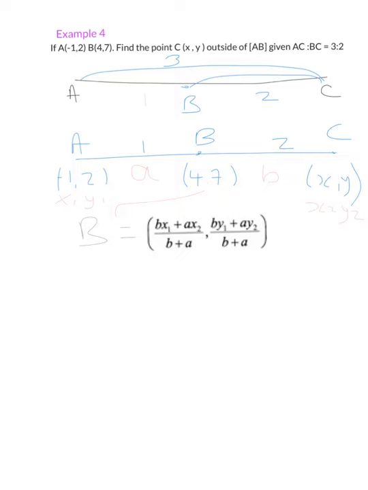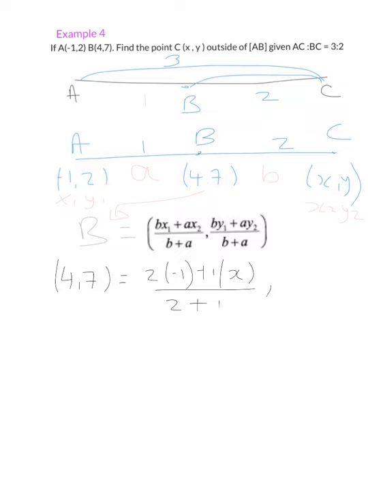So slotting it into the formula, we have B, which is (4, 7), is equal to: B is the ratio 2, times x1, which is -1, plus A, which is 1, times x2, which is x, all over B plus A, which is 2 plus 1.